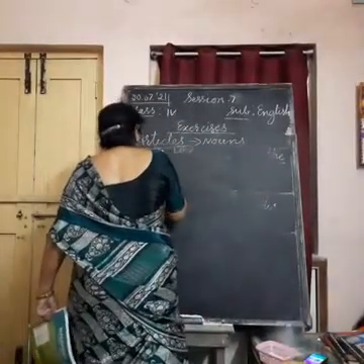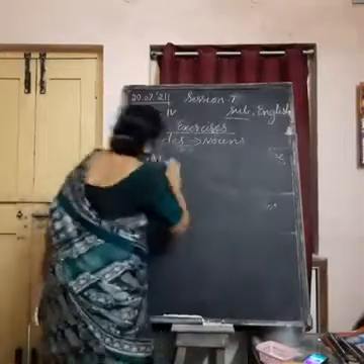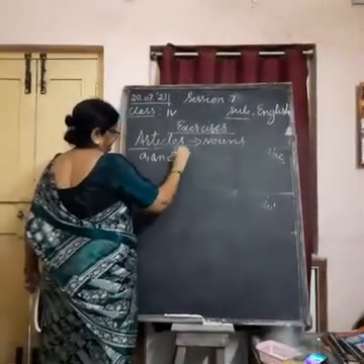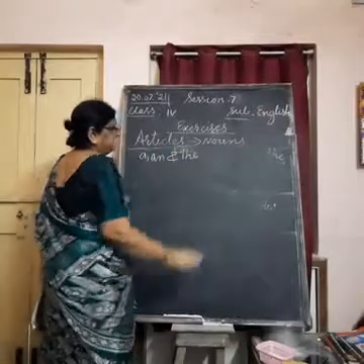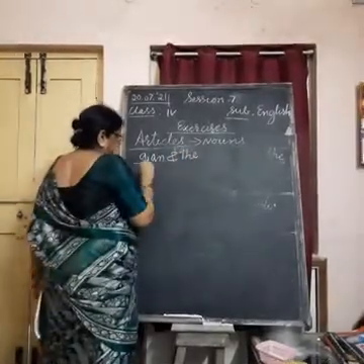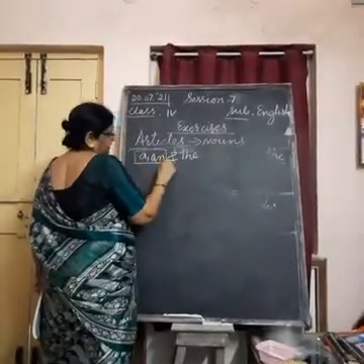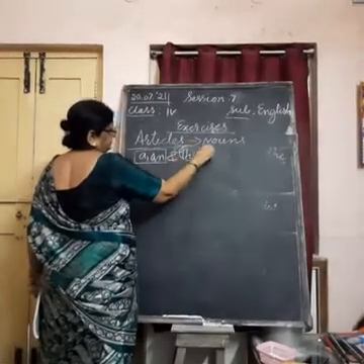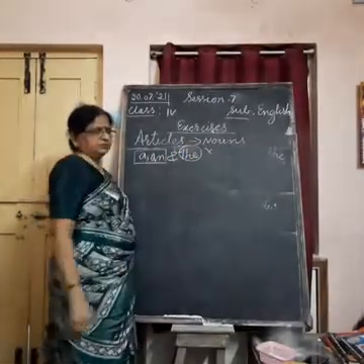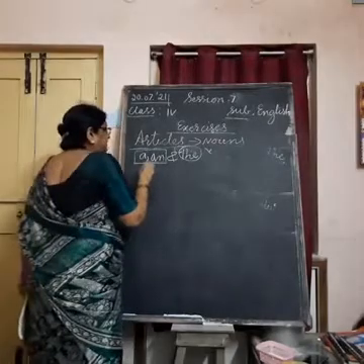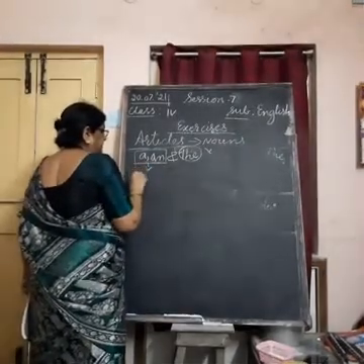A, an, and the are the articles. We are talking about a and an, not the. First let us talk about this. Understand? These are indefinite articles.